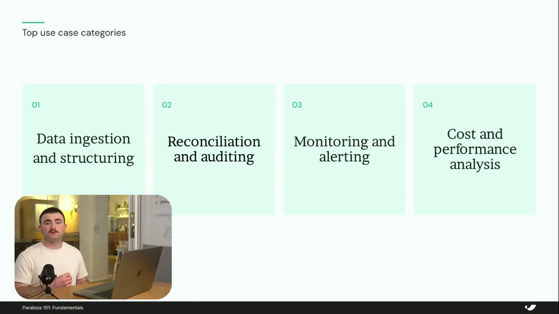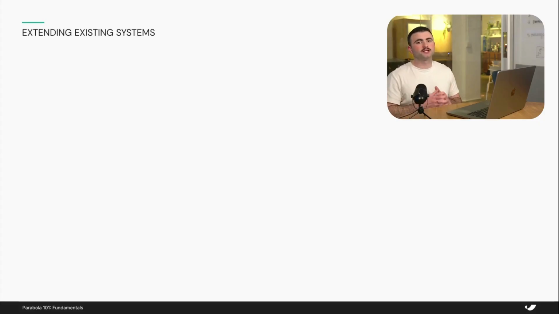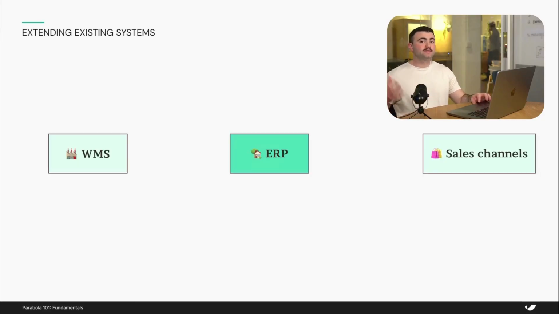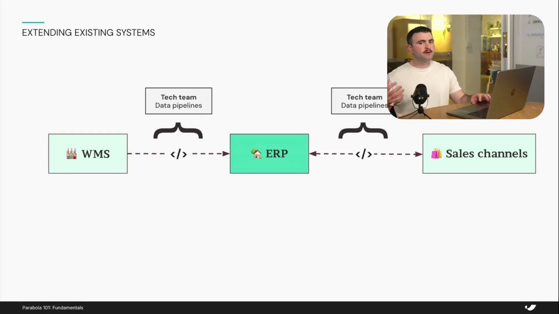And while it's really useful to understand the specific use case categories, it's also helpful to understand how Parabola interacts in the broader context of the tools that you already rely on every single day, like your ERP and sales channels. While Parabola flows often turn into your operational source of truth for how a process actually works, your source of truth remains your ERP, and systems like your WMS and sales channels continue to be integrated based on connections that your tech team builds, owns, and maintains.